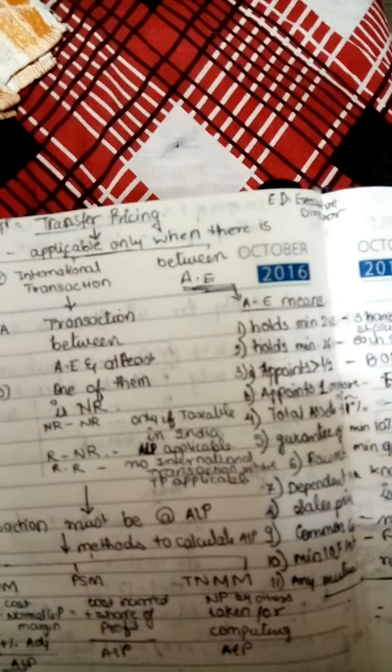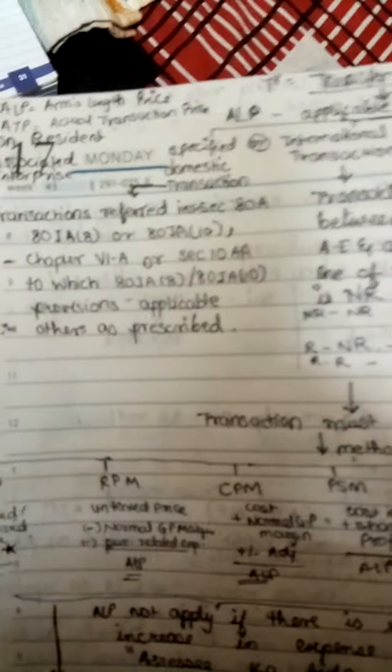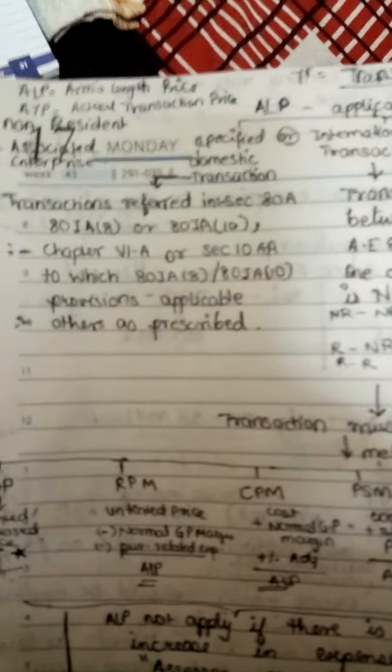Transfer pricing is applicable only when there is a specified domestic transaction or international transaction between AEs, that is associated enterprises. So let's see what we mean by specified domestic transactions.